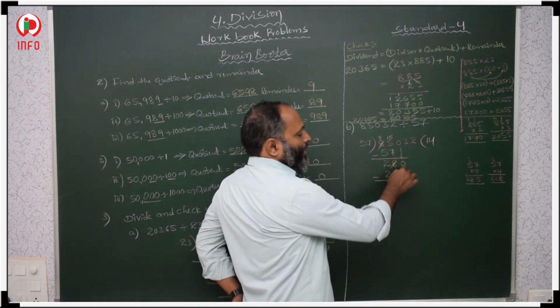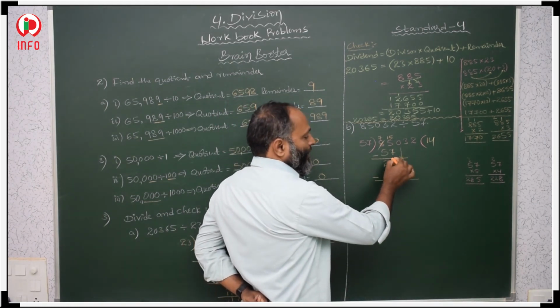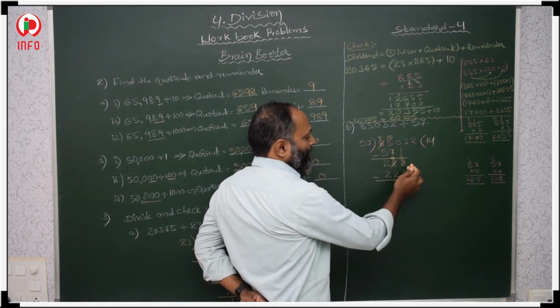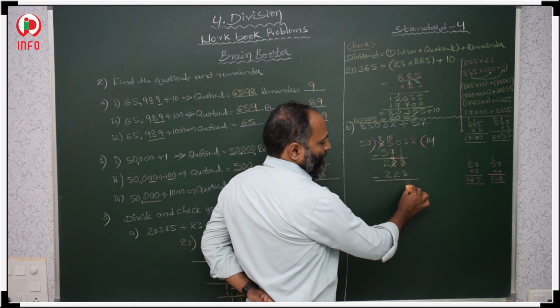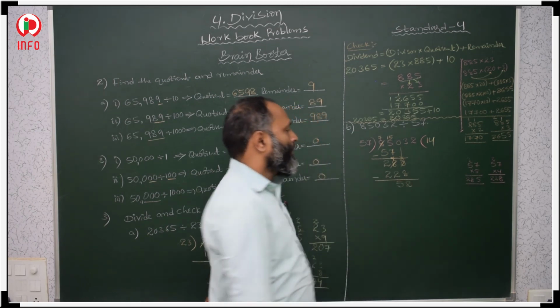Now minus. Borrow from here, as my unit is less. So we get 10 and 7 here. 10 minus 8 is 2. 7 minus 2 is 5. 52.